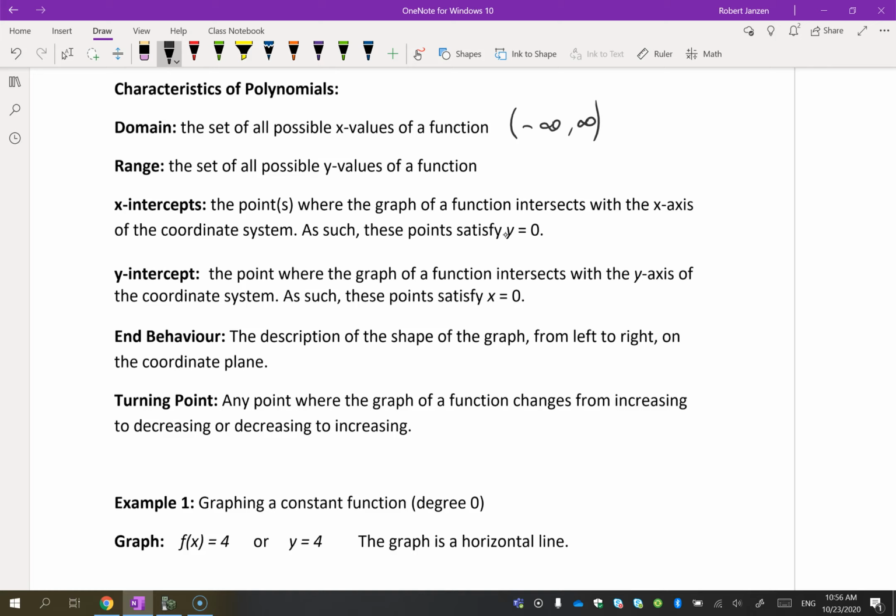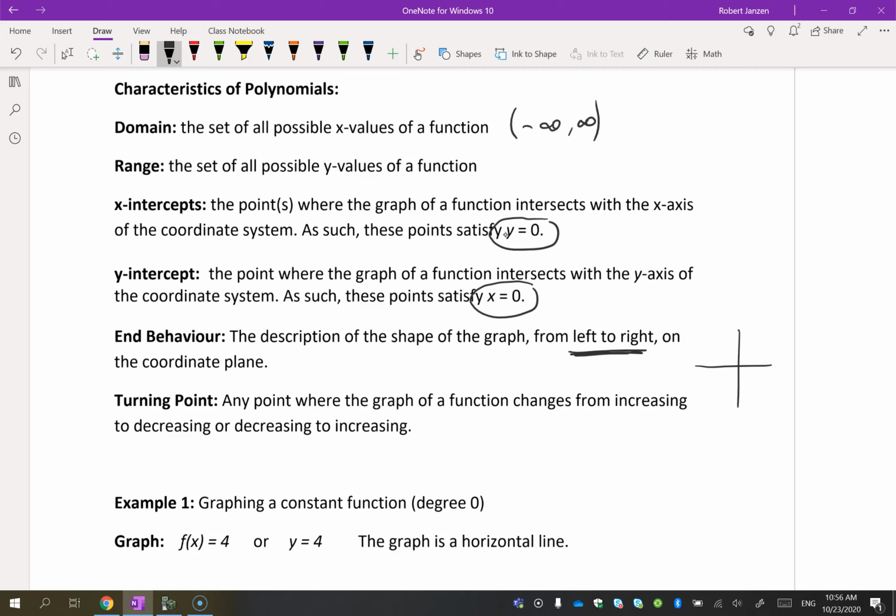The x-intercepts, that's where the graph intersects the x-axis, and it's always where y equals 0. The y-intercept is where x equals 0, and it's where it crosses the y-axis. End behavior, this is the description of the shape of the graph from left to right. So as we read from left to right, what's happening to the graph?